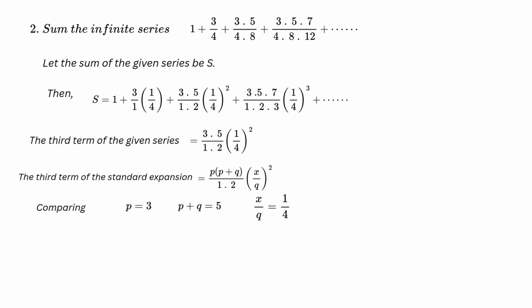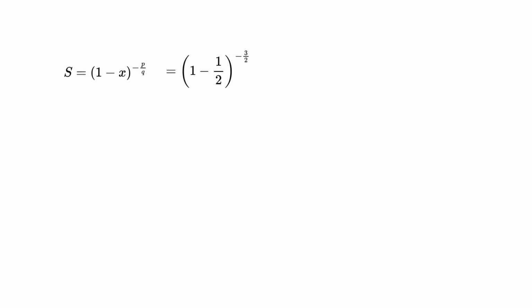Hence q is equal to 2, h is equal to 1 by 2. Now S is equal to 1 minus h whole raised to minus p by q. Substituting the values, S is equal to 1 minus 1 by 2 whole raised to minus 3 by 2 equals 1 by 2 whole raised to minus 3 by 2 equals 2 raised to 3 by 2 equals 2 root 2. Therefore, S is equal to 2 root 2.